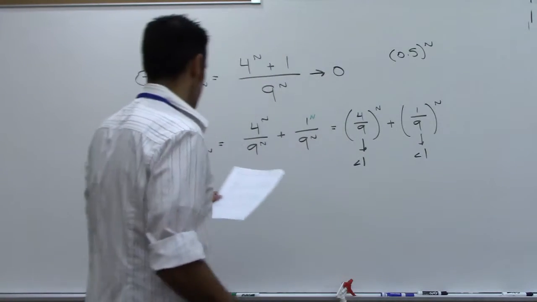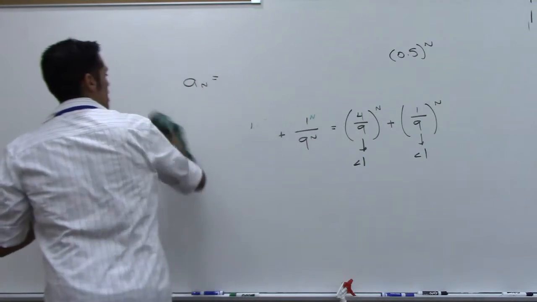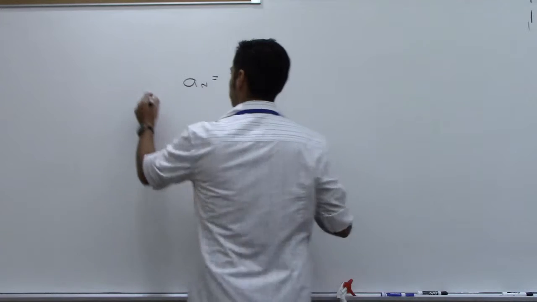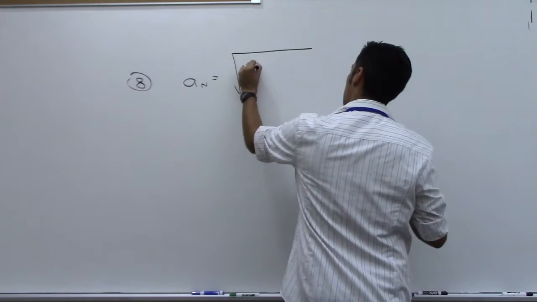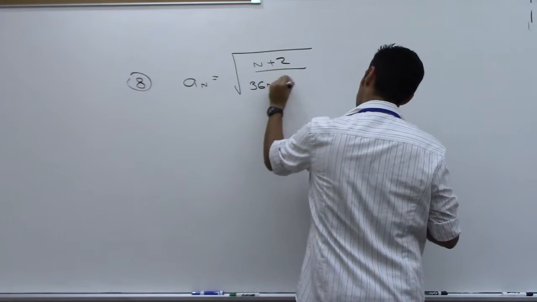Okay, number 8 involves the square root. And the only thing I'm going to show you on 8 is just how to maybe start off. I give you the square root of n plus 2 over 36n plus 2.